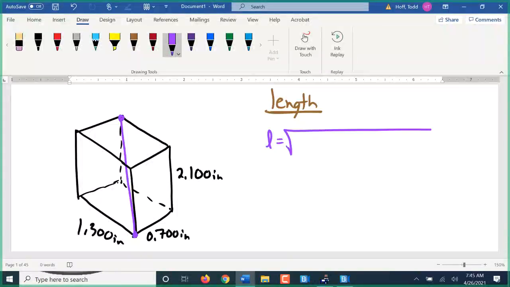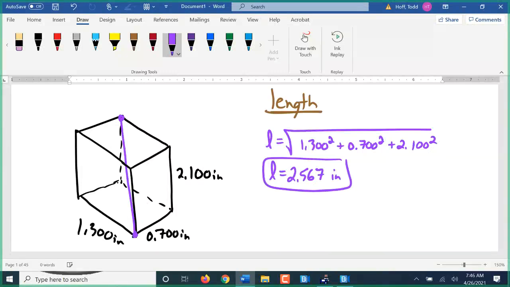That length will come out to be the square root of 1.3 squared plus, somebody fill in the blanks. 0.7 squared plus 2.1 squared. Perfect. I just take the three dimensions, I square each of them, add them together, and then square root. What's that give us for the length? 2.567 inches. Perfect.